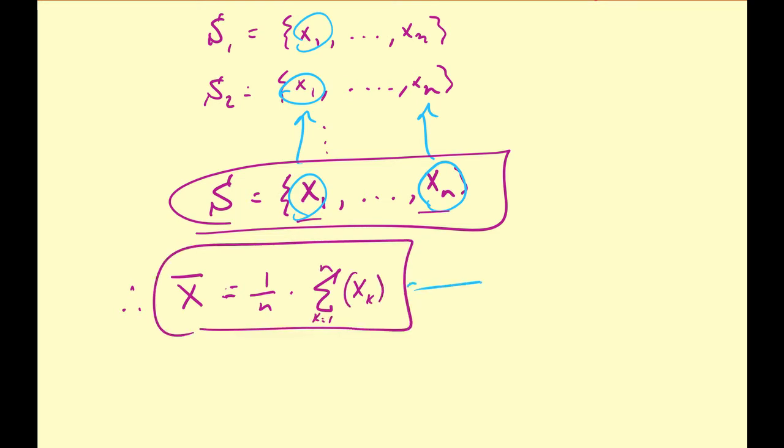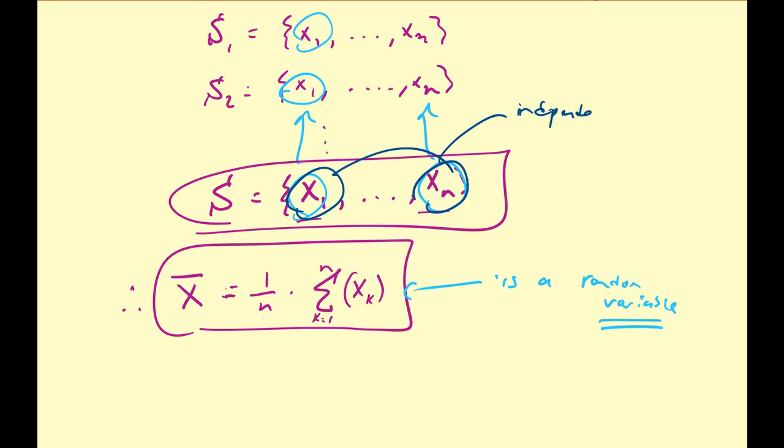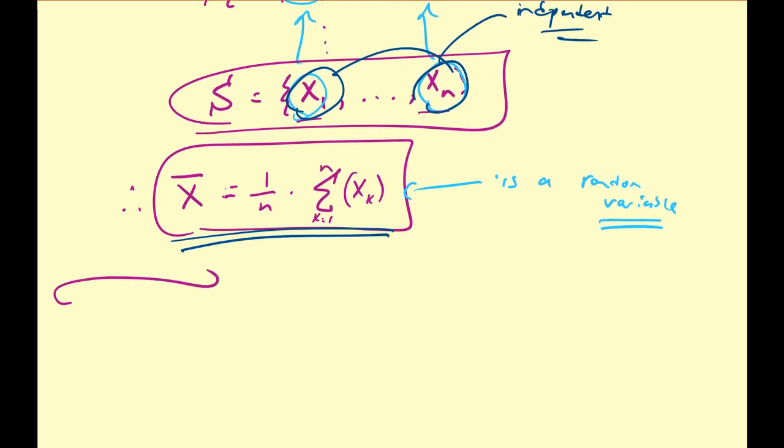Then this right here is also a random variable, and keep in mind that each of these values is independent from one another. So I can talk about the expected value and the variance of these objects, which is the highlight of this video. Let us talk about the first main property that we want.